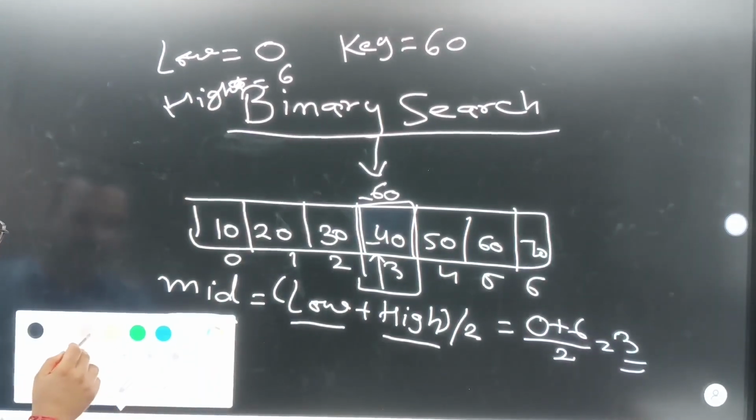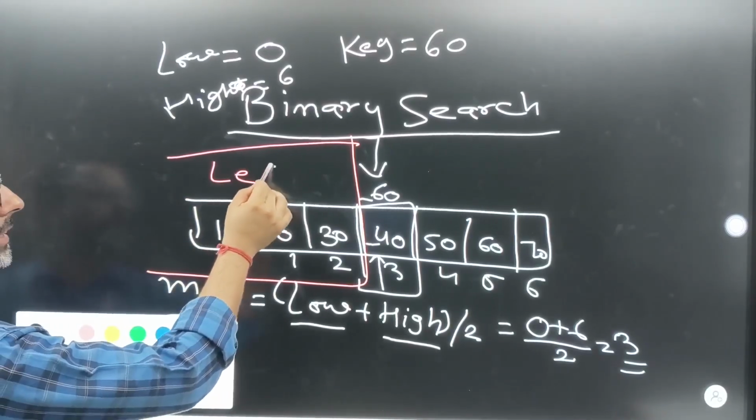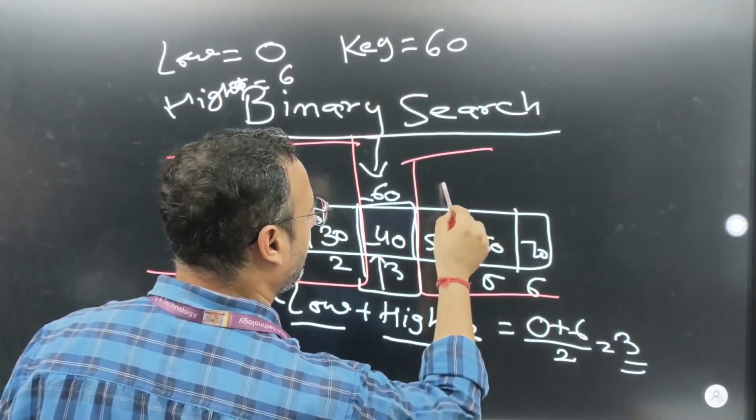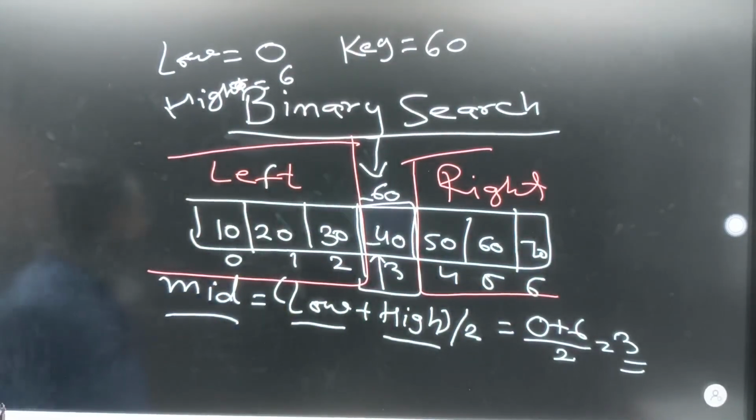Our array is divided into two sections. The first section is the left part, and another one is the right section. This is called the right section. This is the left section.